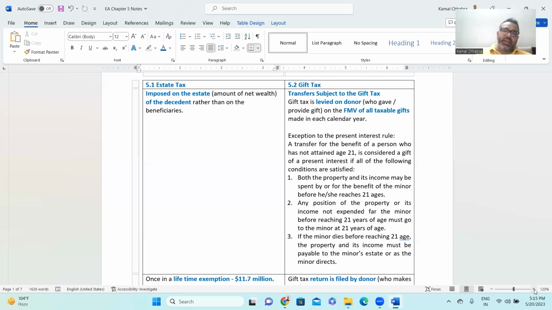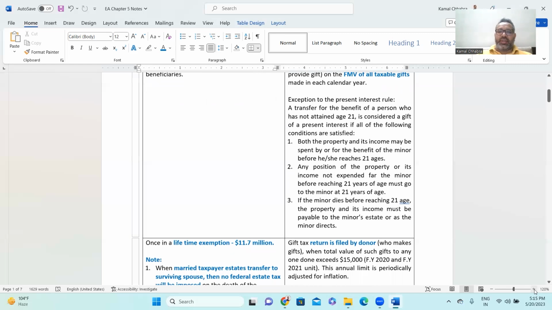We'll understand in detail what fair market value is and how it needs to be calculated in both categories. There are certain exceptions to this. The general rule is the present interest rule, and the exception is that a transfer for the benefit of a person who has not attained the age of 21 is considered a gift of present interest if all of the following conditions are satisfied.